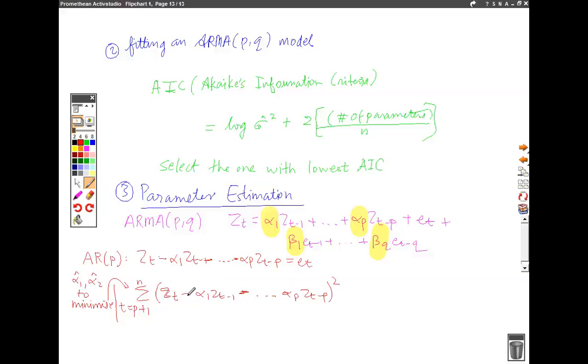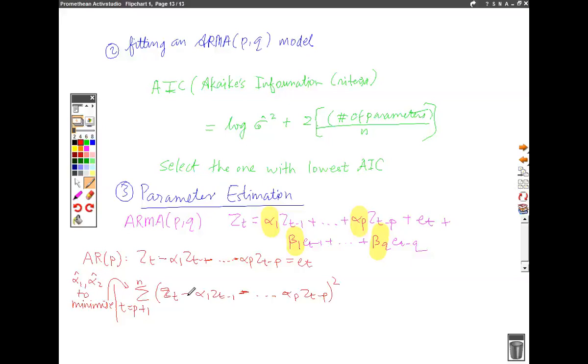And so now what happens is, if you have a positive value for q, if your q is not 0, then there is some difficulty and you cannot possibly figure out manually what the answer is going to be for these parameters that you want to estimate.